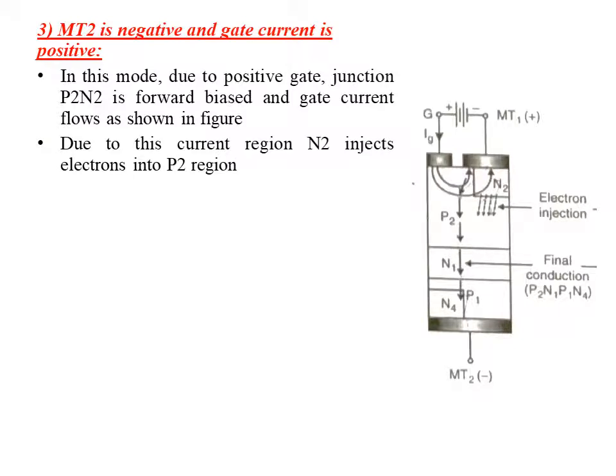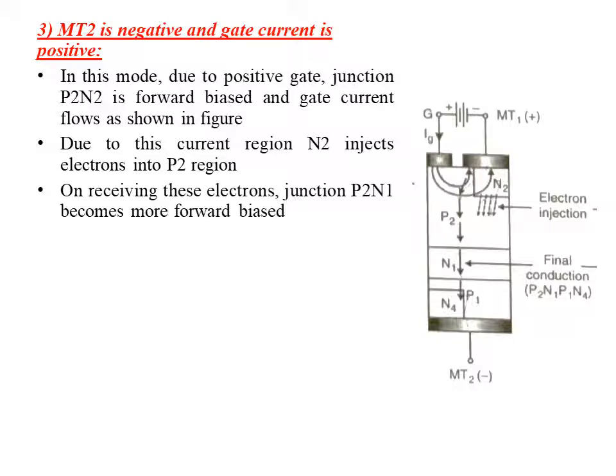Due to this, the region N2 injects electrons into P2, as shown by the arrows on the right hand side of the figure. That is electron injection: electrons from N2 are penetrating into region P2, since the direction of flow of current is from MT1 to MT2.